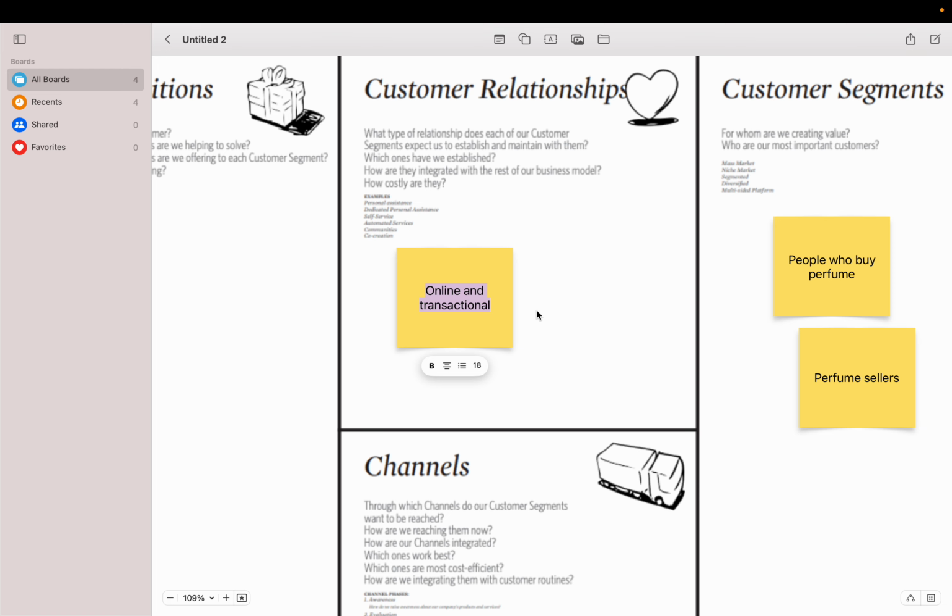Obviously, I'm not gonna put nosy people as the customer relationship. But I'm gonna put, for example, in-person testing of perfumes, and maybe it's based on customer preference in person.